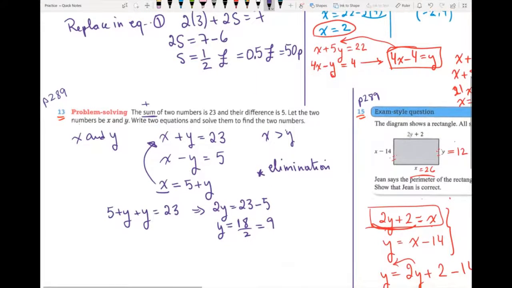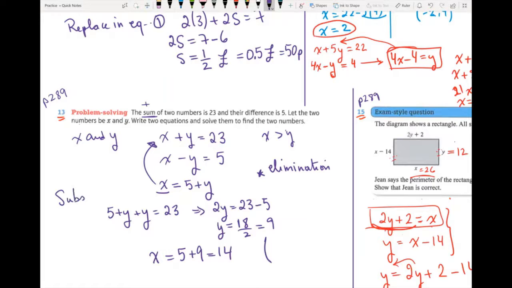So when y is 9, replace it to get x. 5 plus 9 equals 14. So the solution, by using the method of substitution, x is 14 and y is 9.